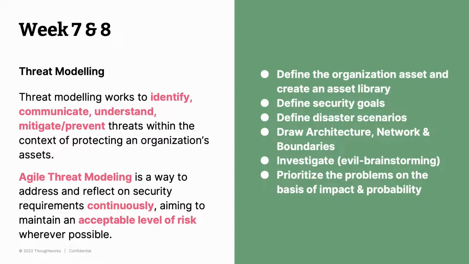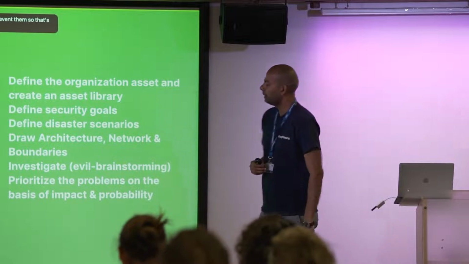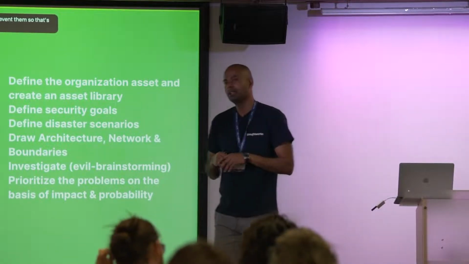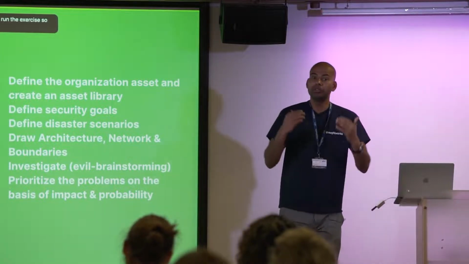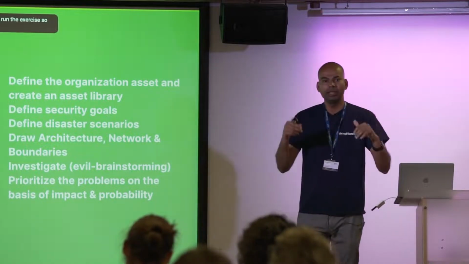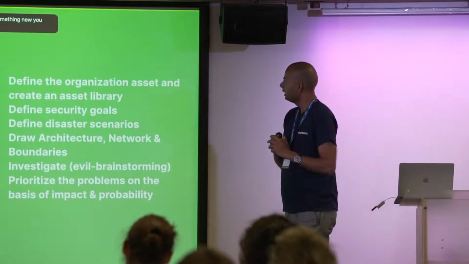And if there's something we can prevent, we stop it so that it doesn't even get into the system. Another thing that threat modeling talks about is to continuously run the exercise, so that if you change something in the system going forward, or introduce something new, you make sure you always remain within an acceptable level of risk.